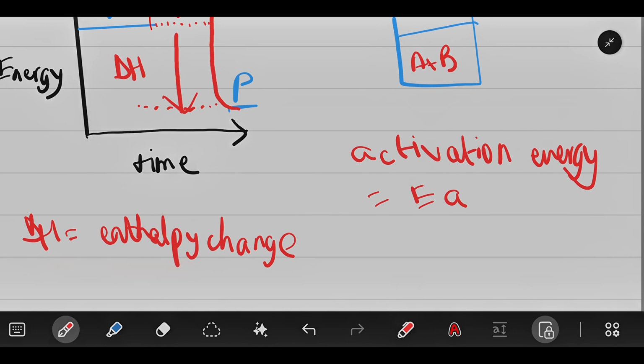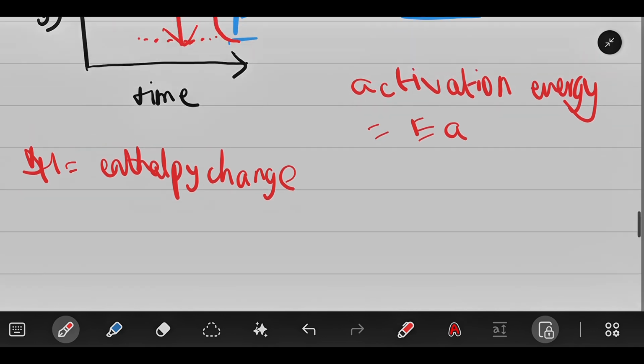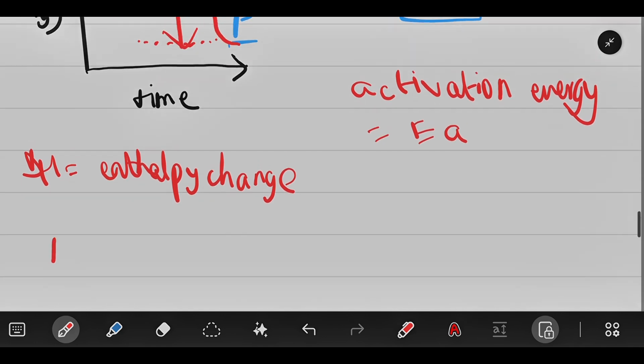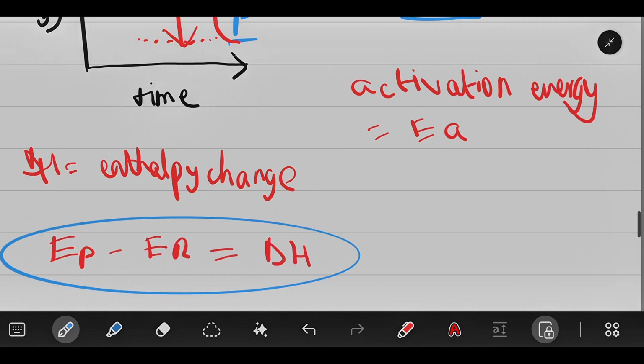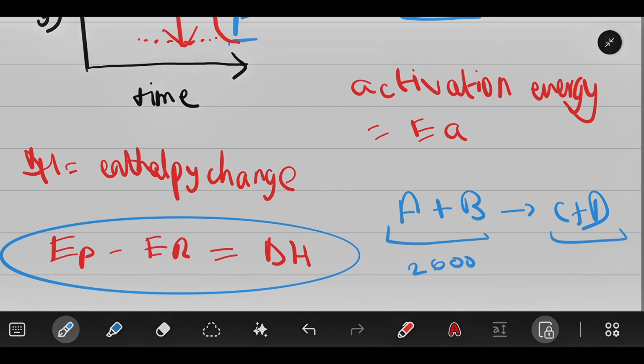There is a calculation involved in this, so I will write down the equation, which is energy of products minus energy of reactants, which gives us the enthalpy change. So if I calculate the enthalpy change for the reaction we did above, A plus B reacting to give C plus D, the initial energy was 2000 kilojoules, the final energy was 1200, and the difference was 800.